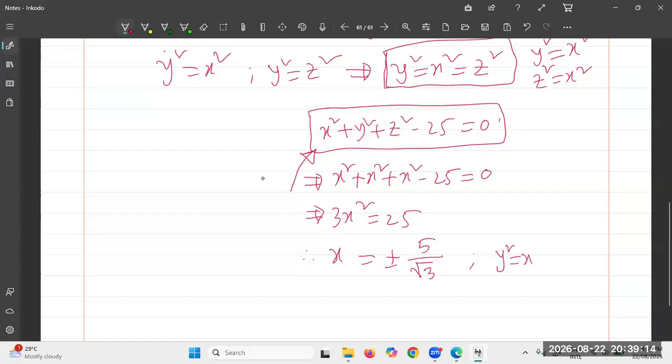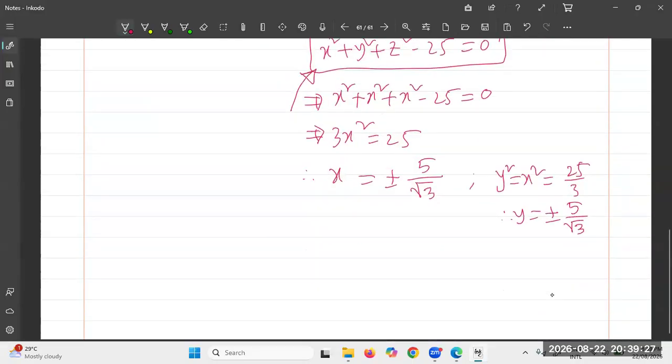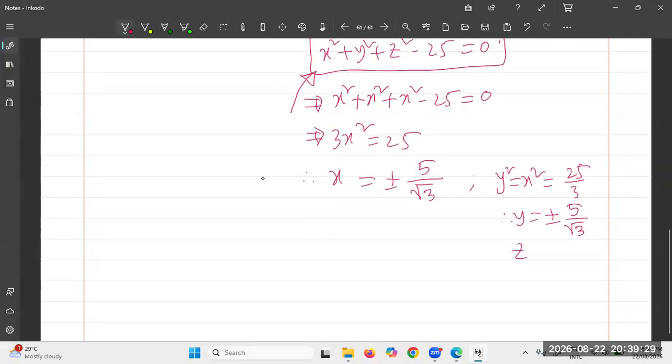So y square is equal to x square is equal to 25 divided by 3. So y is also plus minus 5 divided by root 3. And z values are also plus minus 5 divided by root 3.